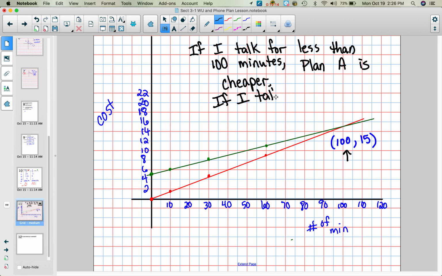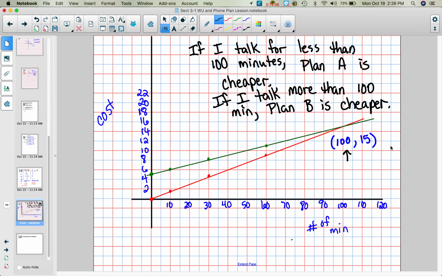Notice plan A is the one that's in red. Okay, you can see the line's lower. If I talk more than 100 minutes, plan B is cheaper.